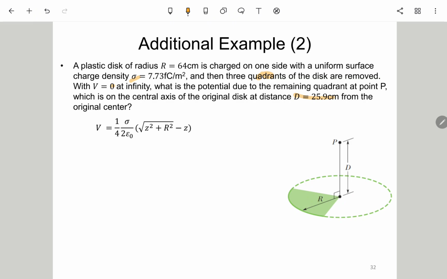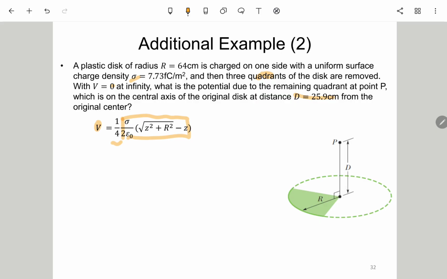So here, we know that V will be this one for the full disk, but here we only have one quadrant, which means that V should be a quarter of the whole.